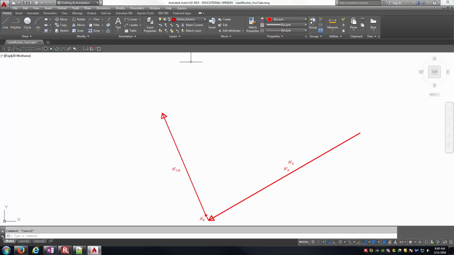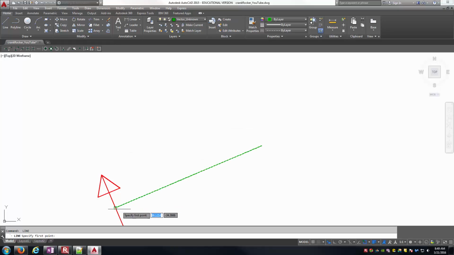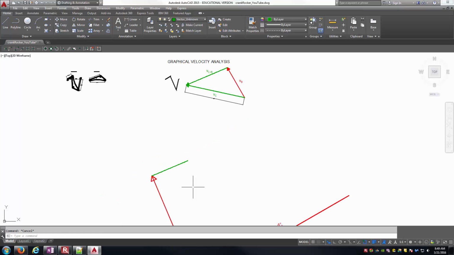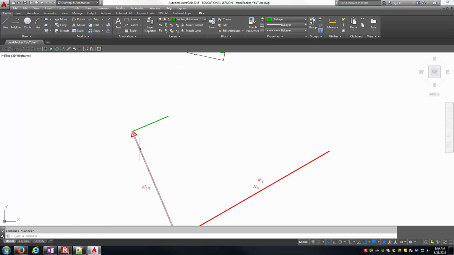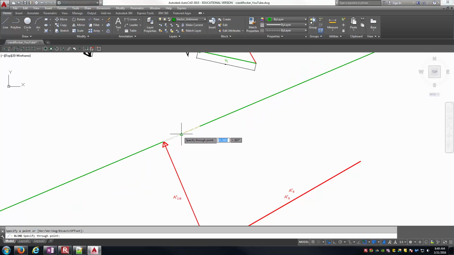And so one way you can do this, let's see if we can get something going here, is I could draw a line here that is perpendicular to this line here, the normal component. So then I could also use this for a, say, construction line. And so here I could draw a construction line just like so.